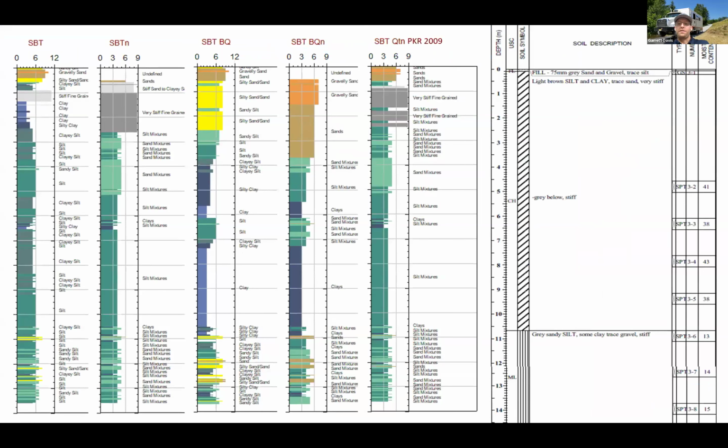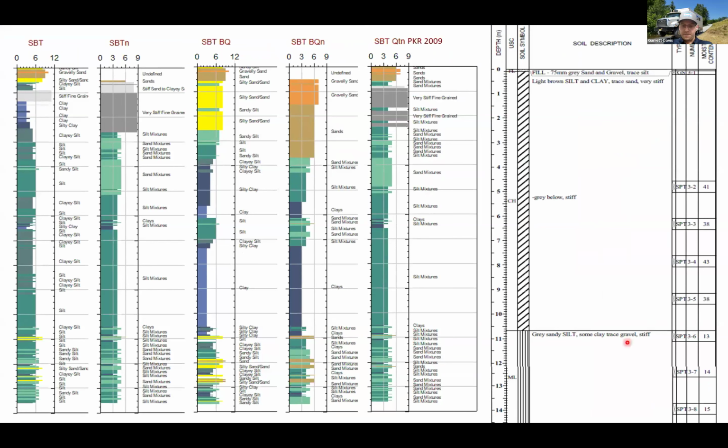There's a myriad of different charts that have been developed over the years, and here's a few different ones. We've got the 86 chart on the left, 1990 chart moving right. We've got a BQ chart, a BQ normalized chart, and then that 2009 chart we were looking at earlier.